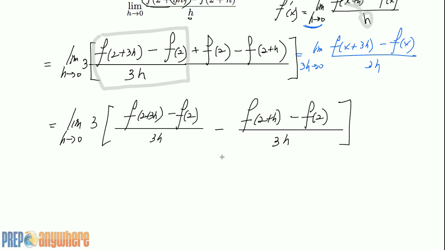Now this 3h though, I don't want 3h here. I want it here, but I don't want it there. So what I do is think of it like this. Not the same thing.